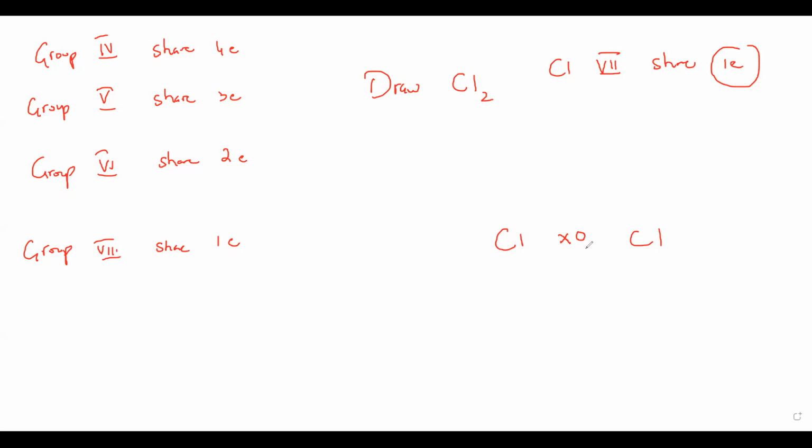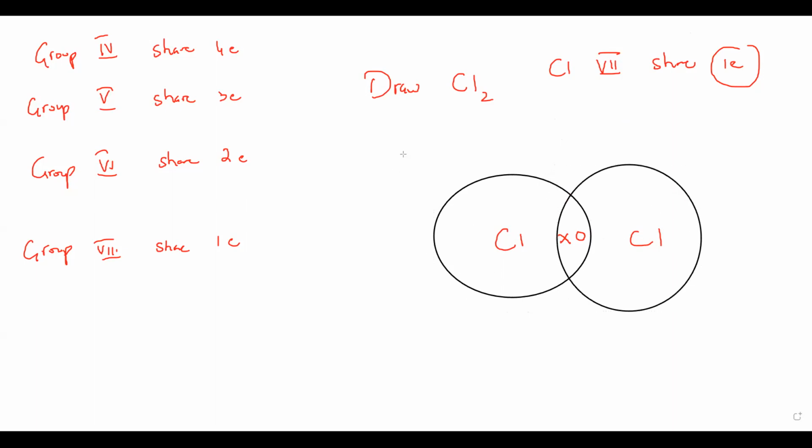Each chlorine is sharing one electron. Then we draw the circle for each chlorine atom. Now we draw the unshared electrons, because group 7 means there are 7 electrons, and out of 7, if it is sharing one, the unshared will be 6.